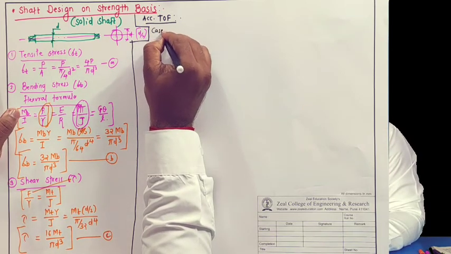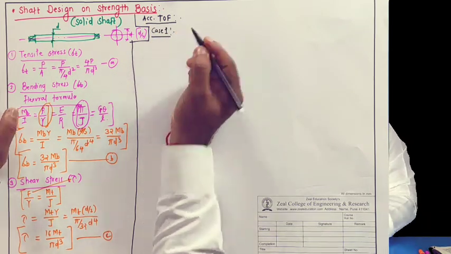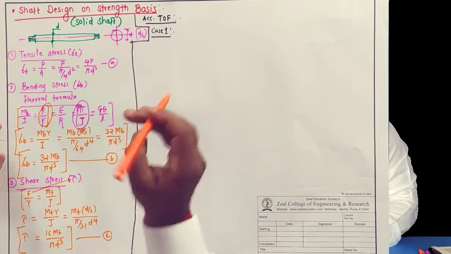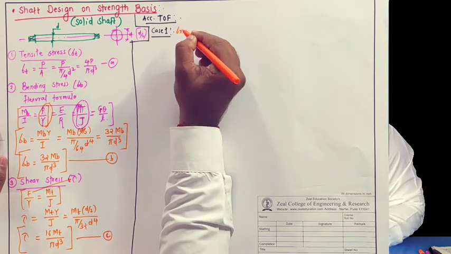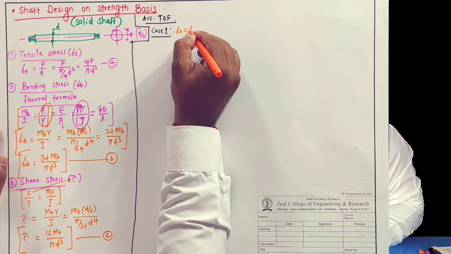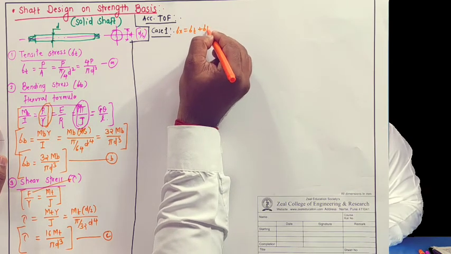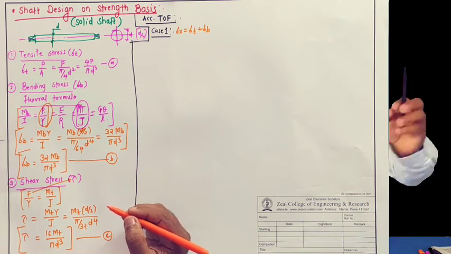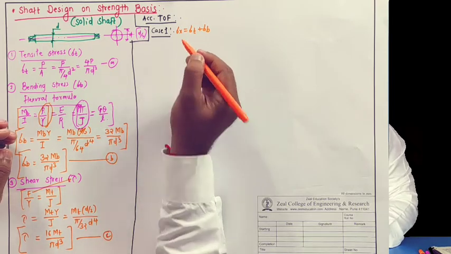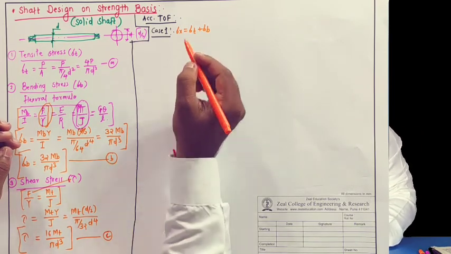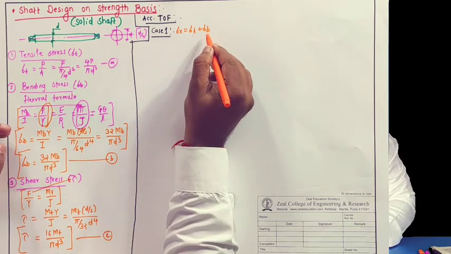Case 1: sigma x, that is tensile stress, is equal to sigma t plus sigma b. Tensile stress plus bending. I will use this condition, but here we consider only tensile and bending.